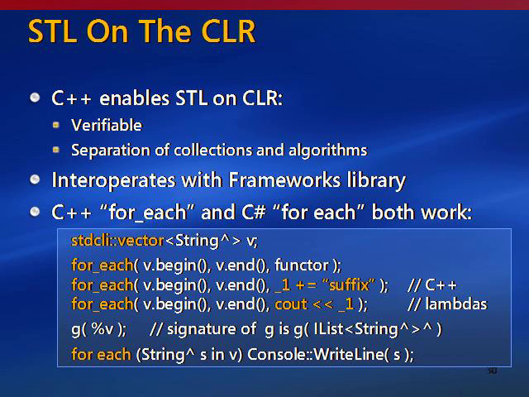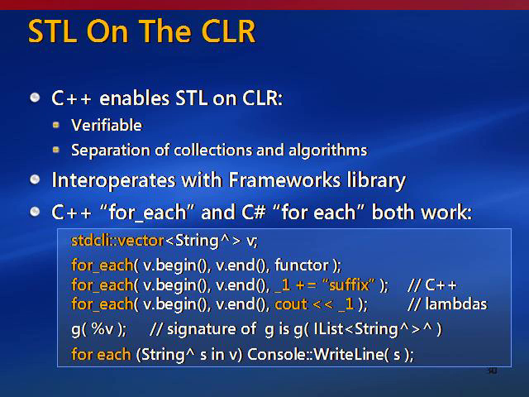So we're also making sure that STL works really well on the CLR. And to that end, we're implementing a version of STL that you saw in Eric Rudder's talk this morning, called STL.NET. And this is a fully verifiable implementation of STL. You can take any kind of reference class and put it into that collection, and I can create an STL.NET vector, pass it off to another language, and it'll see it as an IList or any of the similar generic interfaces.